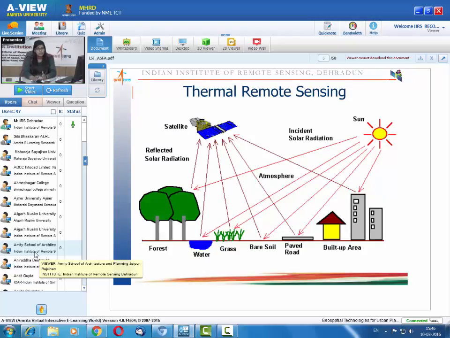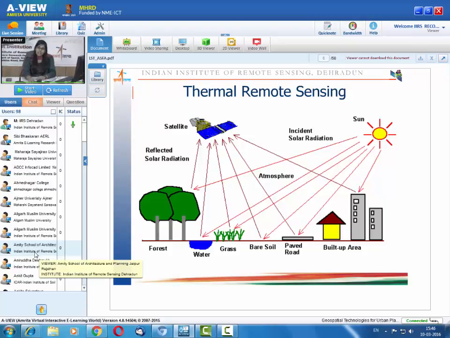So we know what happens in thermal remote sensing. Satellite is there to capture the data from the surface. There is the radiation coming to the earth, the incident solar radiation. It strikes all the features of the earth uniformly after the atmospheric attenuation. Remember that, because our atmosphere is made up of various layers, various levels.